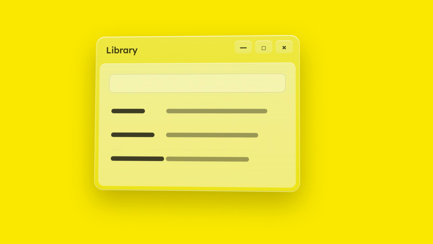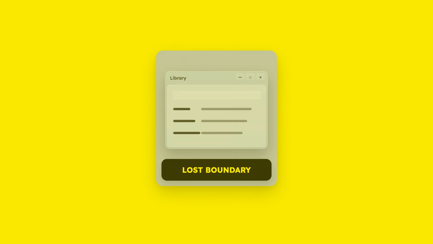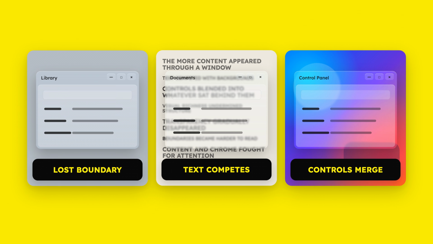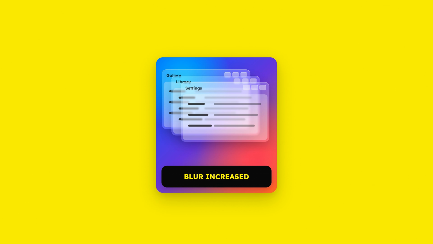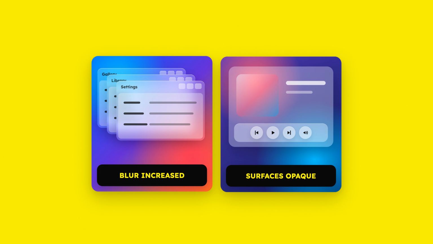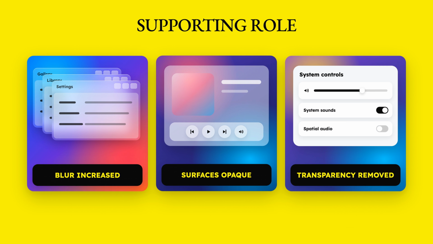The more content appeared through a window, the less clearly that window could communicate its own boundaries. Text competed with backgrounds. Controls blended into whatever happened to sit behind them. Visual richness began to undermine visual structure. Microsoft gradually reduced the effect. Some surfaces became more opaque, while others lost transparency entirely. The glass remained, now confined to a supporting role.